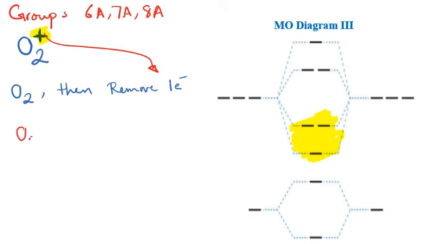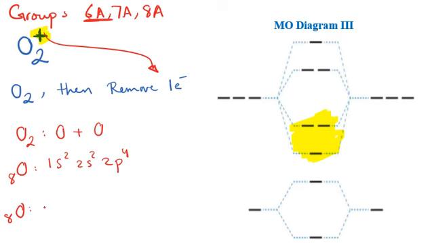So O2 means oxygen, oxygen, group number 6. So that is why I have to use this diagram. I'm going to say that 1s2, 2s2, 2p4. And let's quickly write the electron configuration for this one.